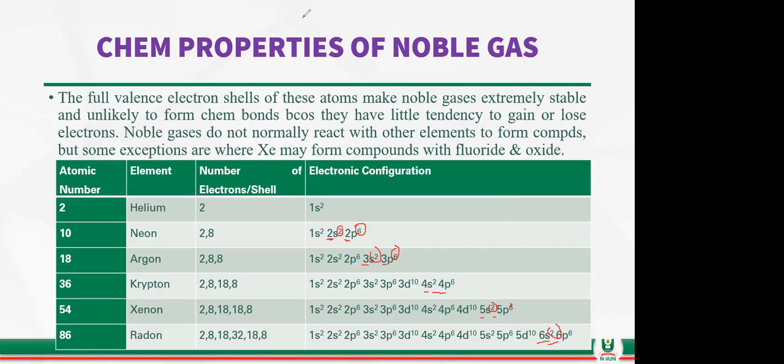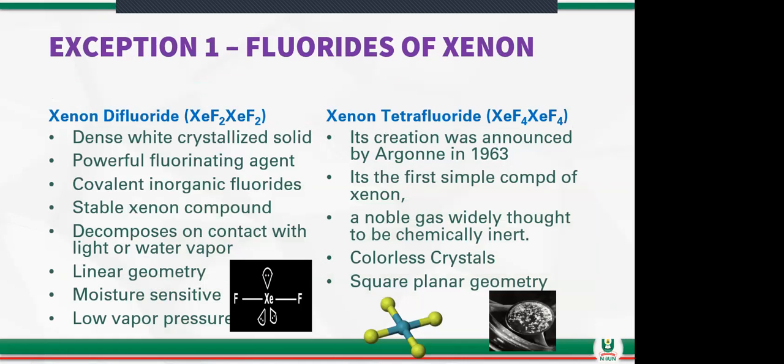So it should not be difficult for us to be able to write the electronic configuration for these noble gases. We have said that noble gases are not reactive, but after thorough research effort by some scientists, it was discovered that there are some noble gases that have some exceptions.